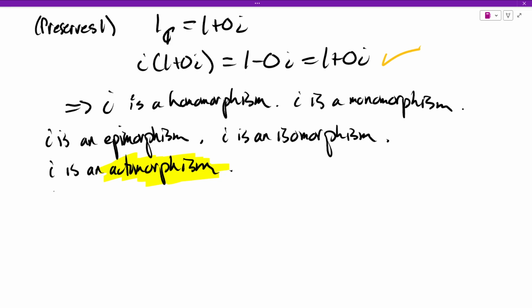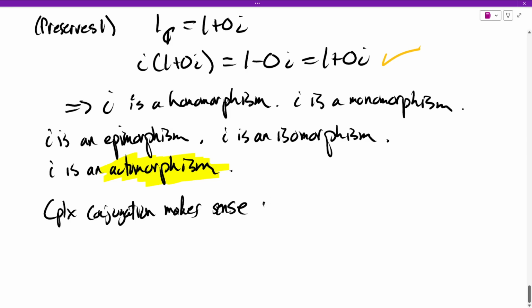All right, so where else does complex conjugation make sense? Well, usually whenever you have a subring. I'm not going to say any, let's not use such strong words, but for subrings of C. An example is the Gaussian integers.